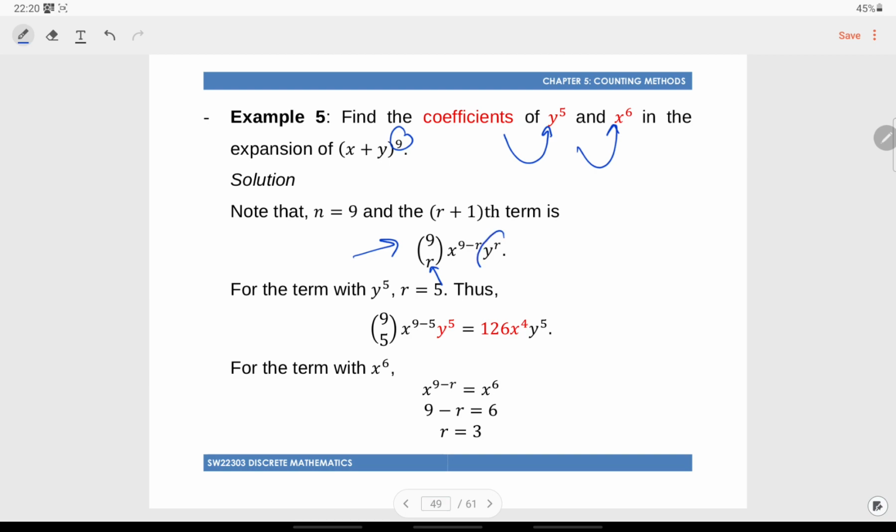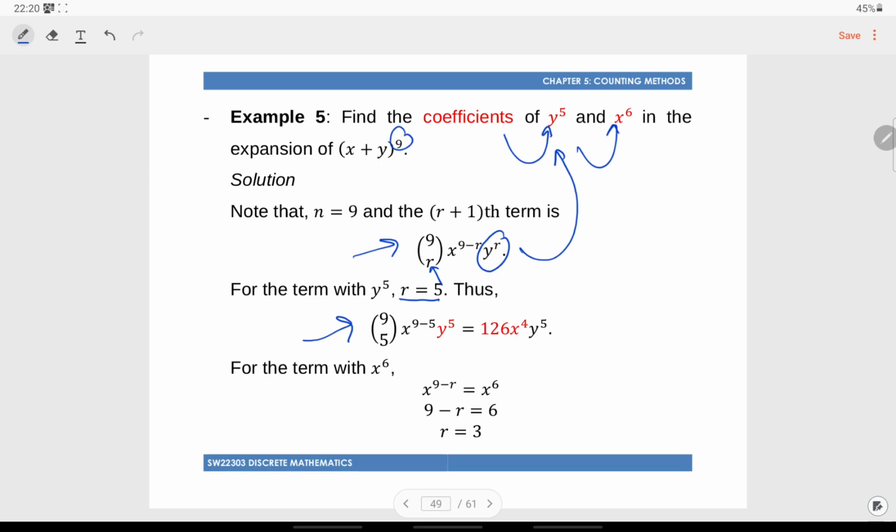Here we have y to the power of r, and the question asks you to find the coefficient for y to the power of 5. That means we can replace the value of r with 5, to find the term for y^5. After we replace r equals 5, we have the following equation, which can be simply computed, equal to 126 x^4 y^5.